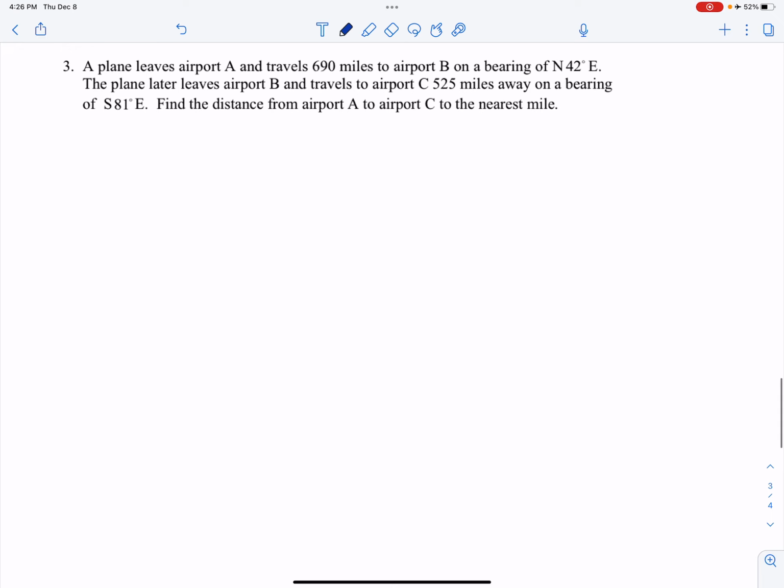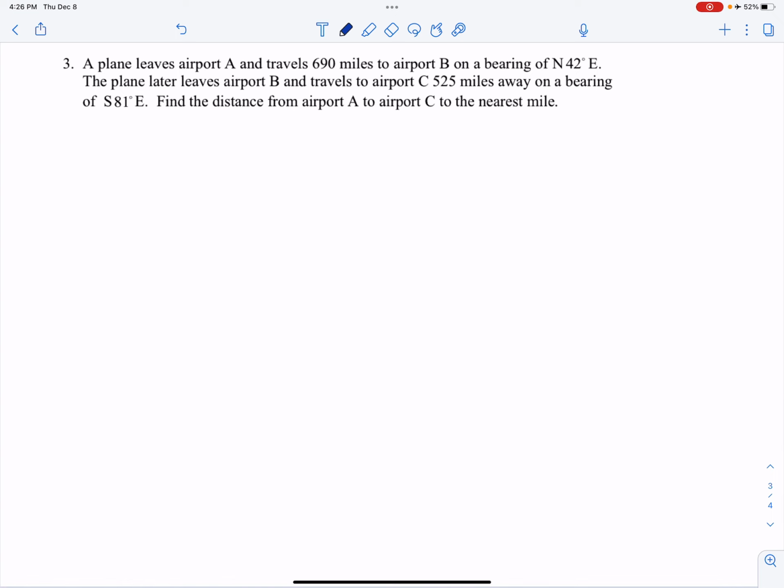Now, I think the trickiest part about this question is understanding what these degrees mean.